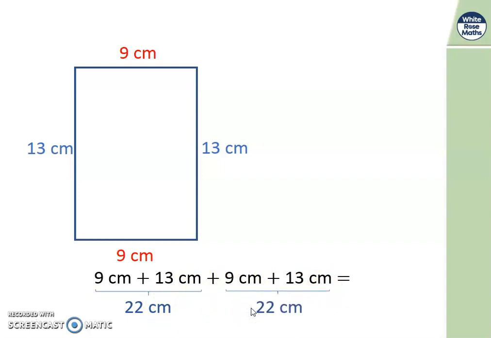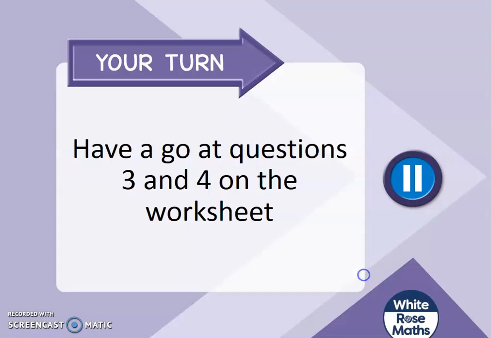So I know that's 22. Then I'm going to do 22 add 22, which is 44. Another way to do that is to do the 9 and the 9. Double 9 is 18. Double 13 is 26. 18 add 26 is 44. We get to the same answer.